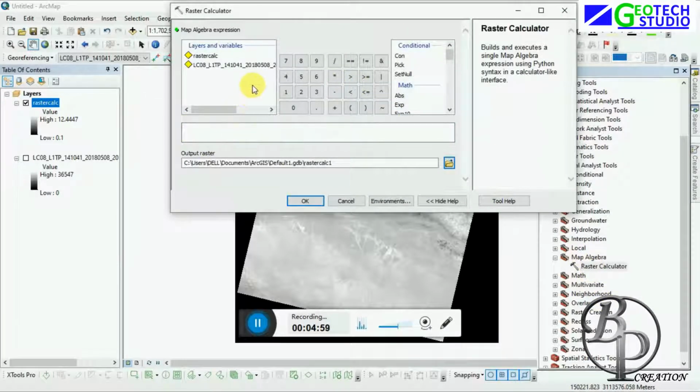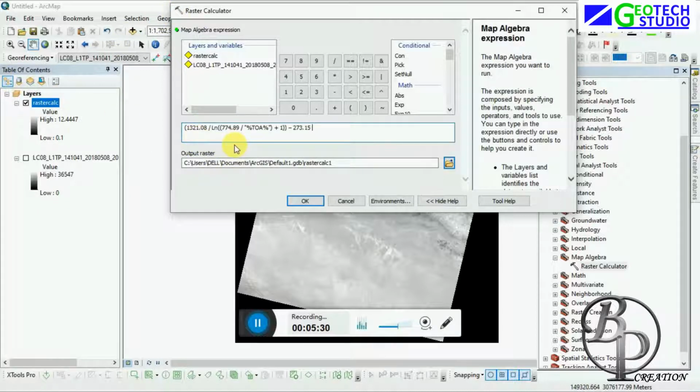Here we are going to use the formula K2 divided by, and for this we have to use our intermediate TOA spectral radiance data. Here is the formula, I have done a copy paste.